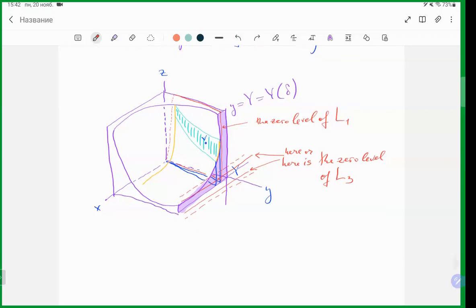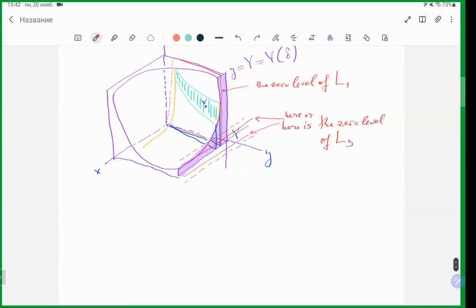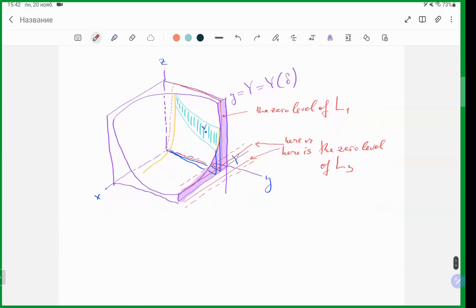Having made epsilon small enough, we obtain this good situation that this point came somewhere up here, right? So that the value of L3 cannot grow too much.